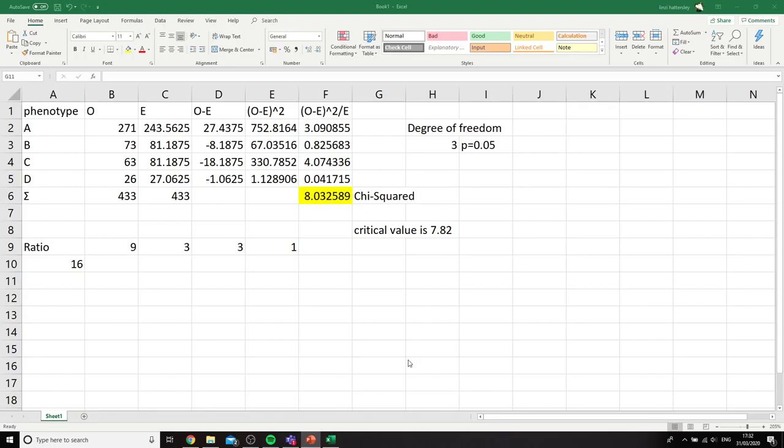By changing the observed or the expected, or even the ratio, it will change your answer. So you won't need to do all of this again. So please ensure that you save it so then you can use it on the next question. If you're using my Neopod, there is another question, you will need to use it for that. Okay, thank you. See you in the next one.